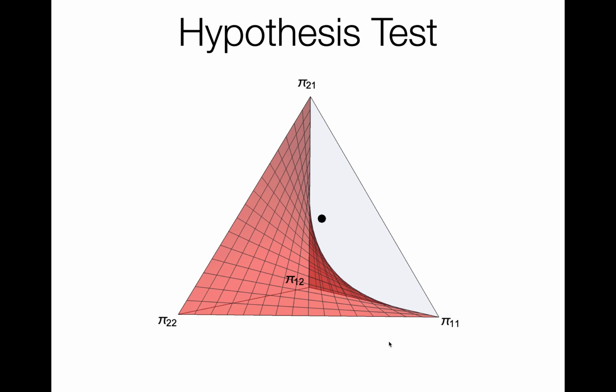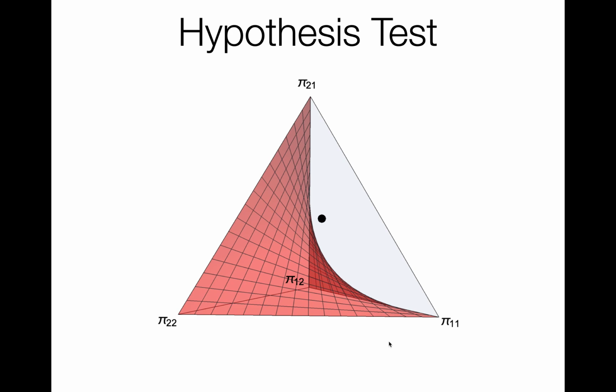Okay, and so I observe that black point in there. That's the table I observe. And then you'll see this red surface that sort of snakes throughout the simplex. That red surface represents all tables that actually exhibit that independence that I was talking about before.